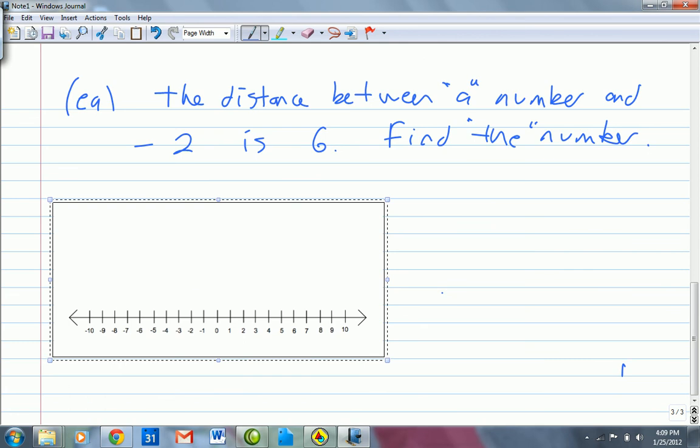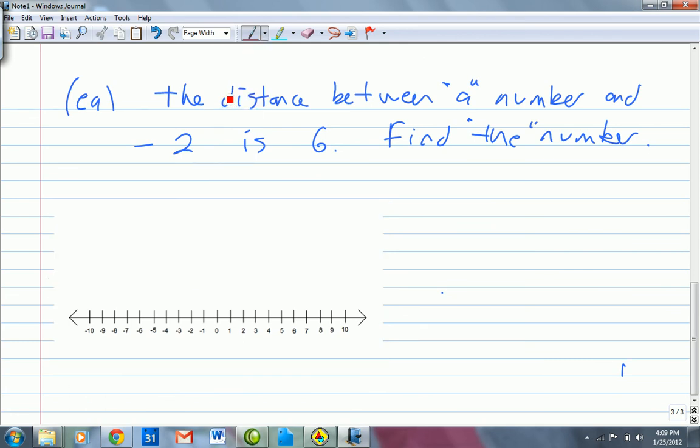So we're looking for x. Okay, so here's negative 2. And so we're trying to find the quote-unquote one number whose distance from negative 2 is 6. So I'm going to move 6 to the right, and I jump 1, 2, 3, 4, 5, 6. Bam.